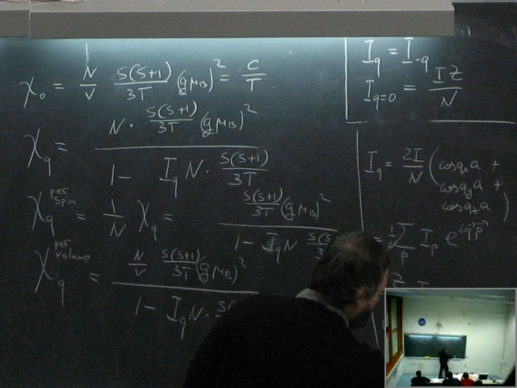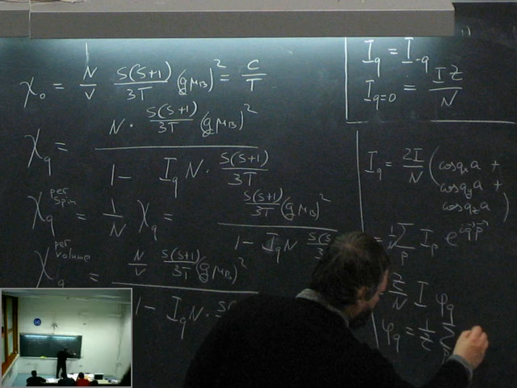So it will be 1/6 of this cosine sum. So sometimes people write it that way, where phi q is called structural factor.